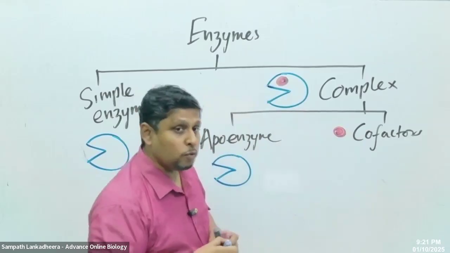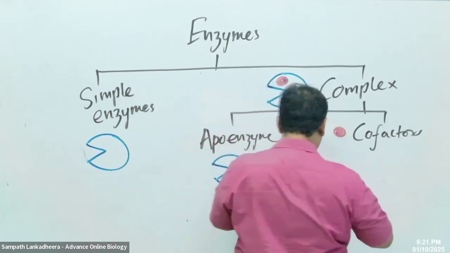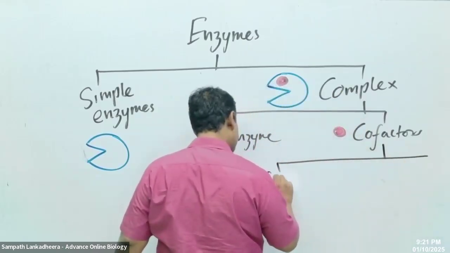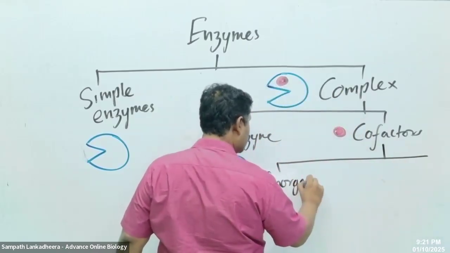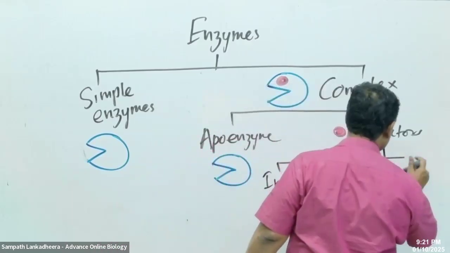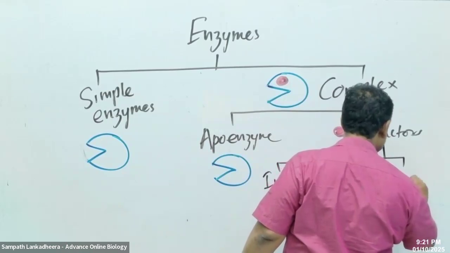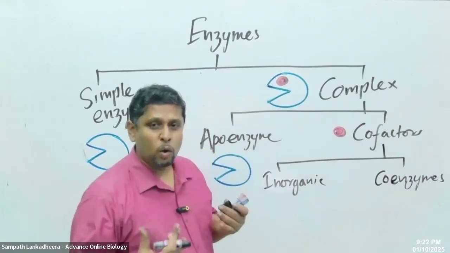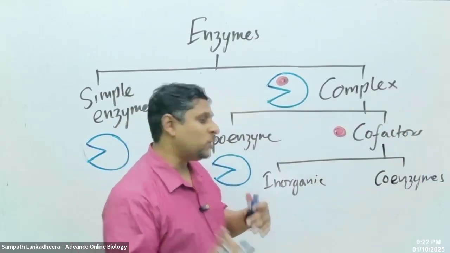Cofactors are of two types. What are those two types of cofactors, people? Can someone tell me? Some are inorganic cofactors. Some are organic, and you call them coenzymes. Coenzymes are organic cofactors. Coenzymes are of two types.